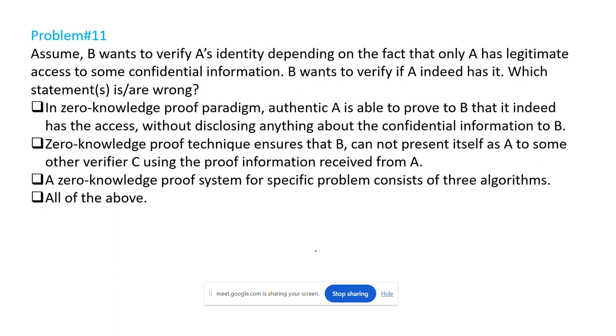And the second statement says zero knowledge proof technique ensures that B cannot present itself as A to some other verifier C using the proof information received from A. Is this true?